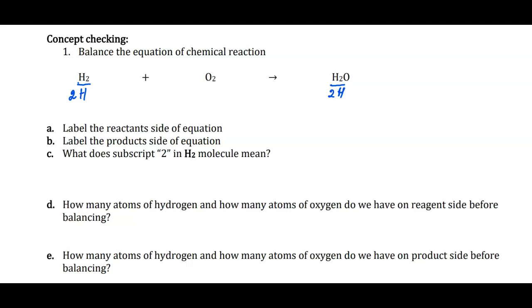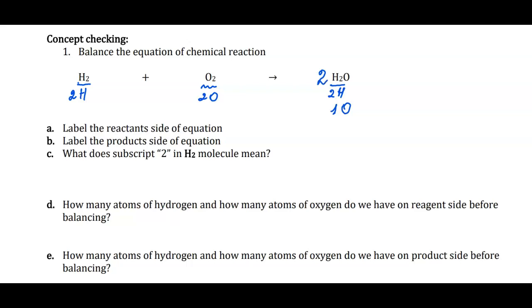Okay. But although the hydrogen is balanced, the oxygen is not, and you can see it, right? So for oxygen, there are two atoms here, and only one is here. I'm sorry. So it's not balanced. We need to balance it, and the way is to add a coefficient, right?